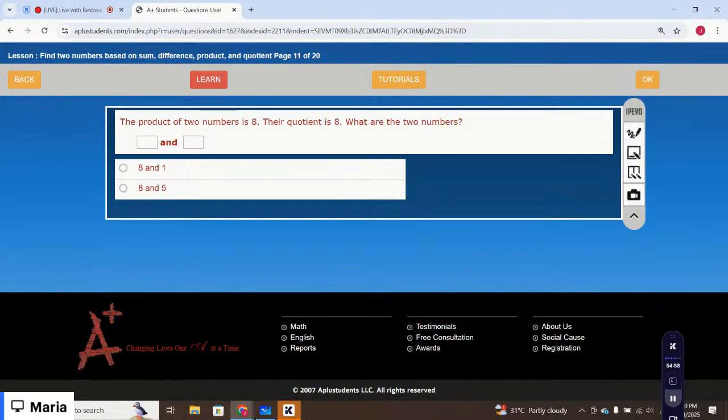The correct option is 8 and 1. They have the product 8 and their quotient is also 8. Okay, you can complete the lesson by yourself later today.